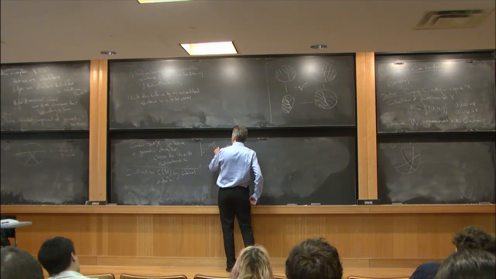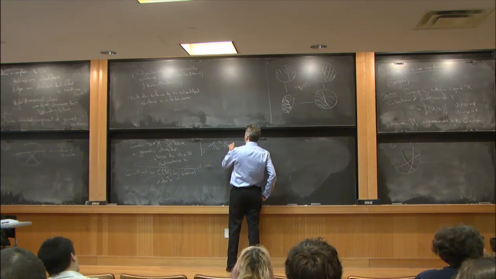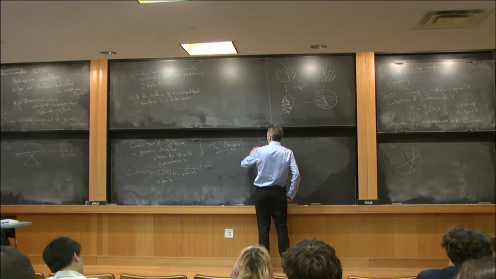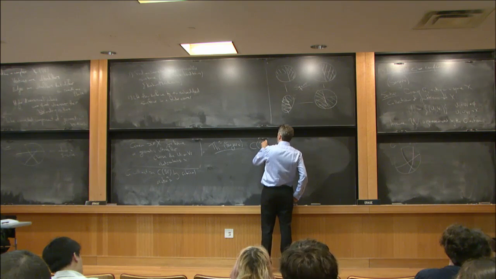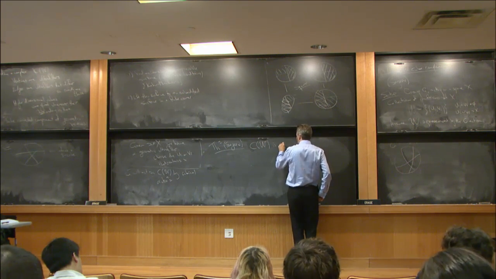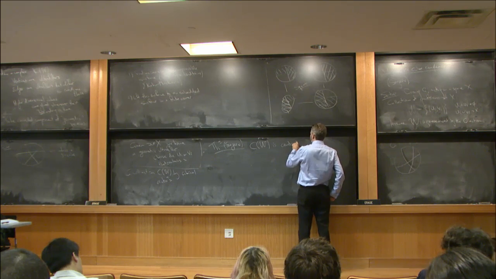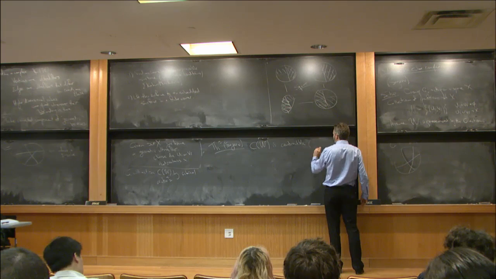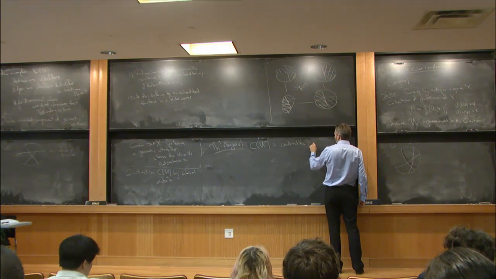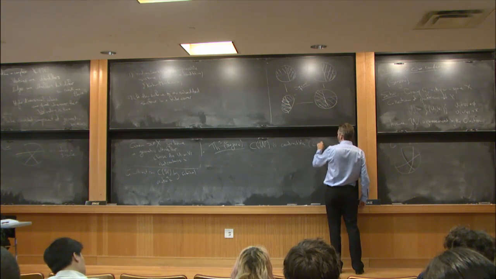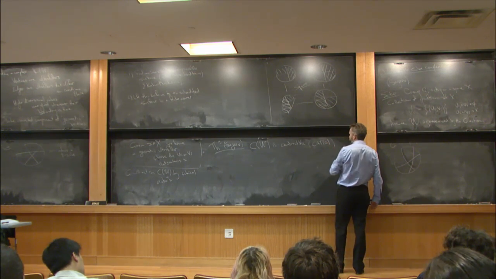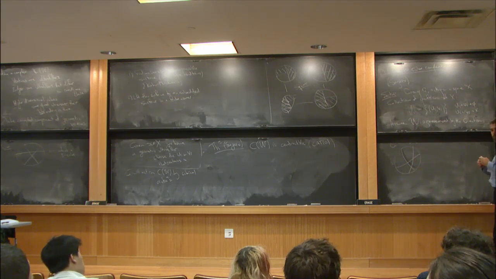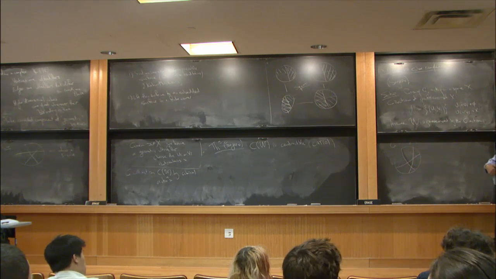So Sageev proved that this cube complex C of W is contractible, and in fact he proved it's CAT(0). I'll tell you what that means in a minute, but really it means non-positively curved. So it's simply connected and non-positively curved, and so you should expect it to be contractible.